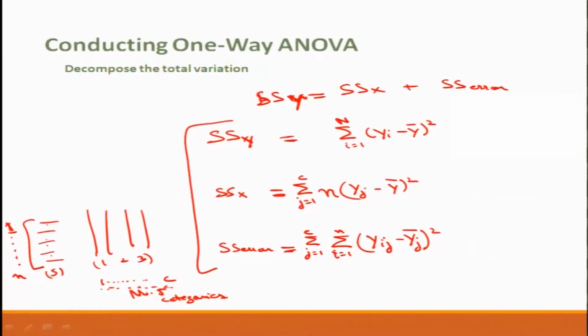We will use these relations, and we will see how the mechanism of ANOVA works in the following example. With this I finished part 1 of my analysis of variance session. I will come up with the second part where I will take an example and do the calculations to conduct an analysis of variance.